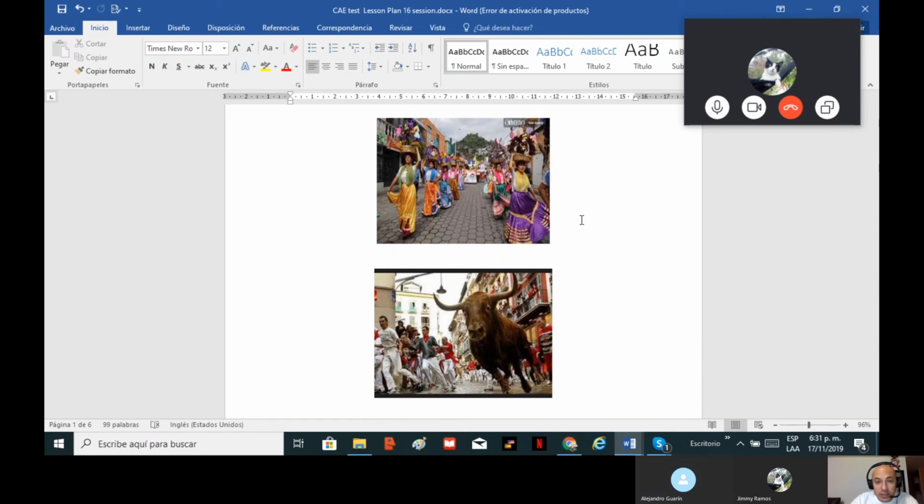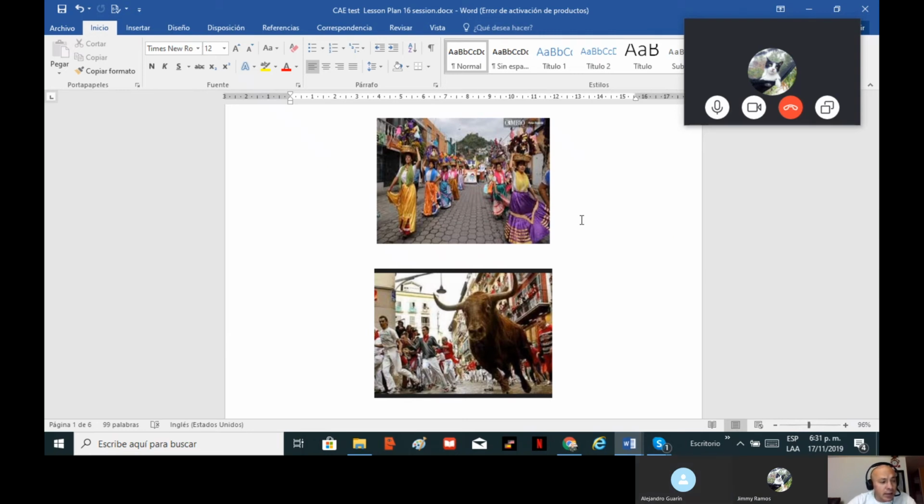For example, the first part you said perfect. In the top picture, we can see women using long colored skirts with some flowers in their heads. And in the second picture, we can see men running from the bull wearing white clothing.